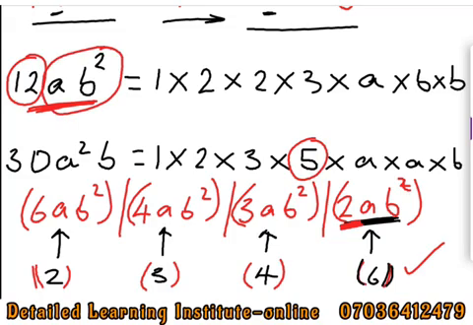Now what can go into AB squared here? A can go, A times B can go. Now we have written it out to make it more understandable.